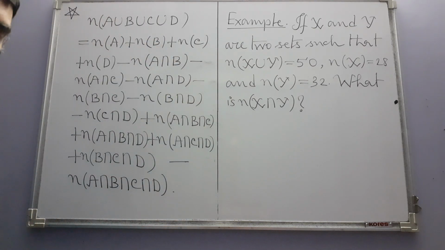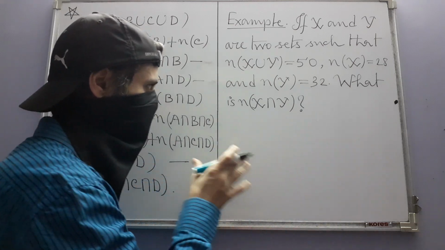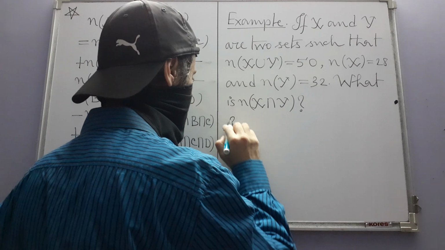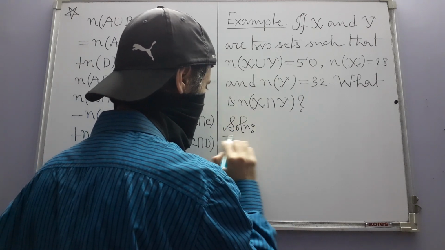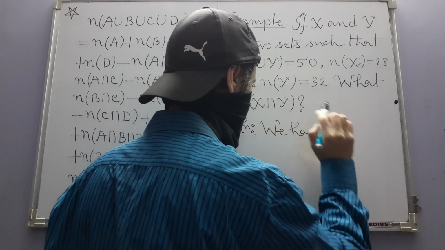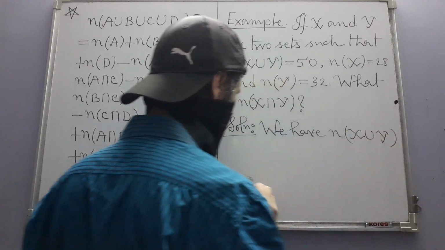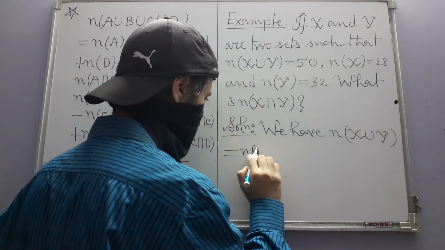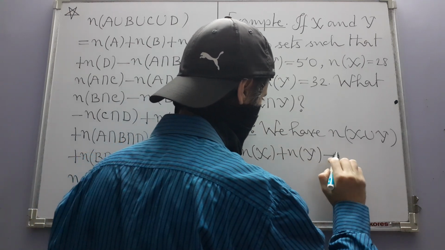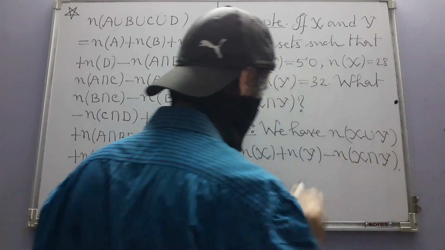So it's simple because we have our formula, and out of the 4 terms in that formula 3 are given, so we can calculate the 4th one. Solution: we have n(X) plus n(Y) minus n(X intersection Y).